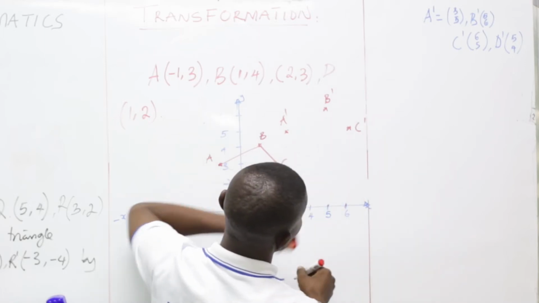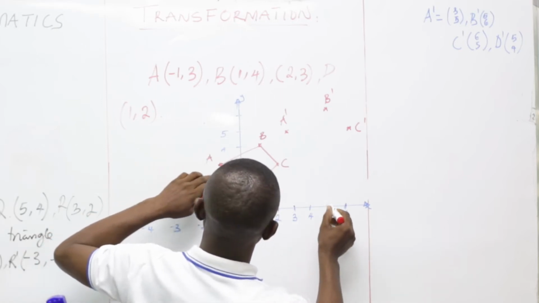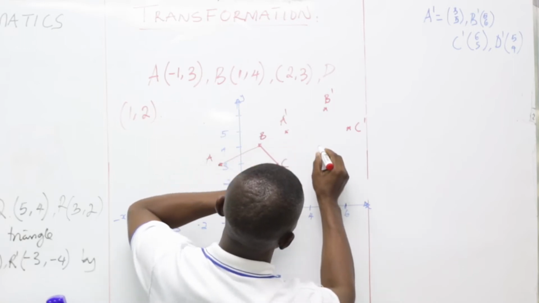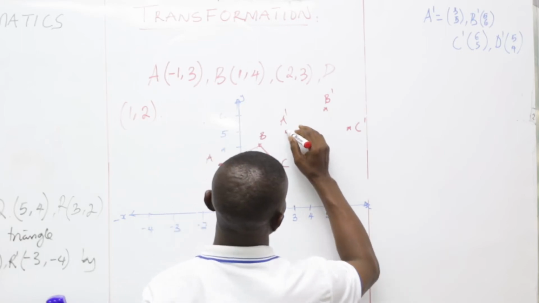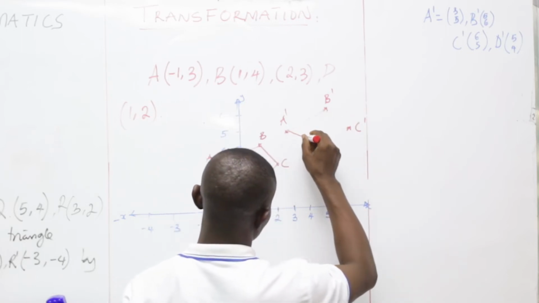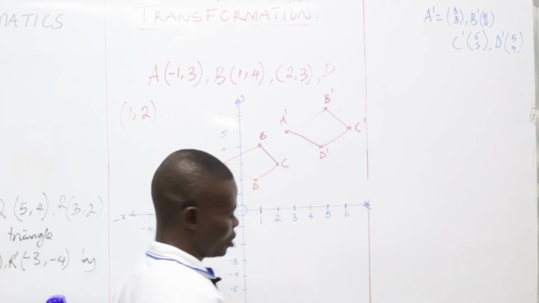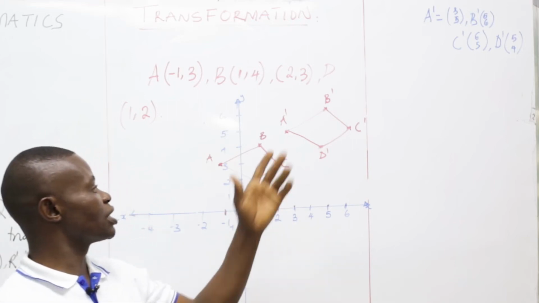C prime. For D, D prime is 5, 4, x is 5, y is 4, trace. Meet them together. D prime. Now let us join. Can you see it now? This is just a movement in a straight line.